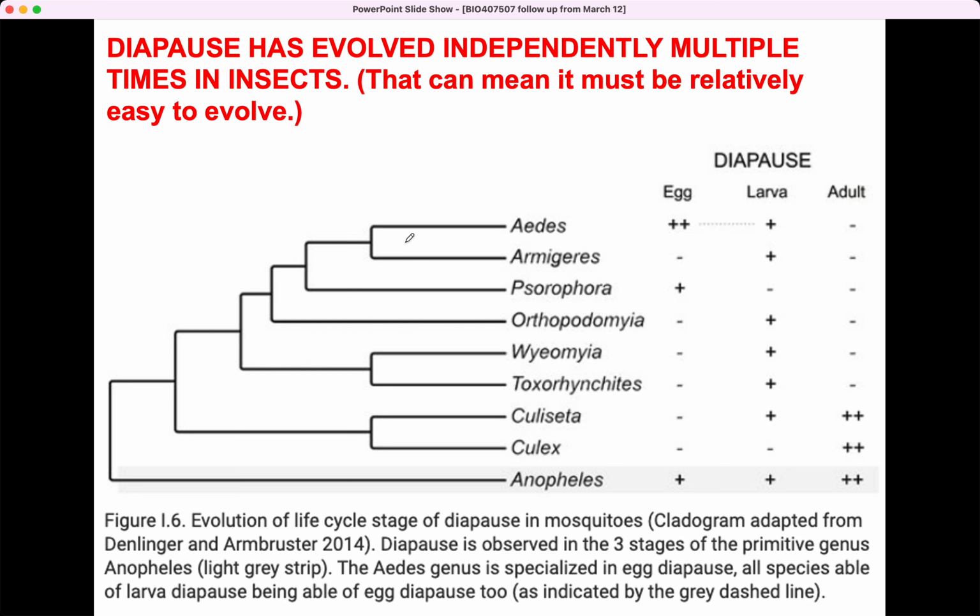But in general, the thinking would be that it looks like it's pretty easy to evolve, because it evolved independently multiple times. And so there are likely points in the developmental process where, by modifying something, you could cause the organism to stop developing. And when we think about what that might be, as developmental biologists, we would say, I bet there's a hormone involved, because hormones can regulate overall things.